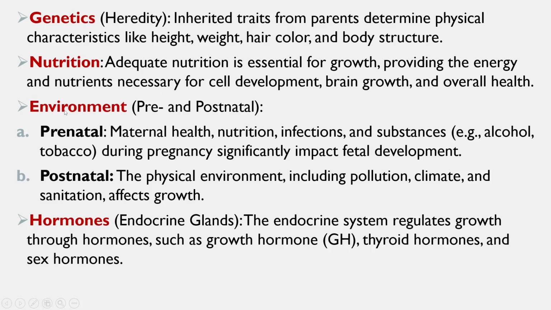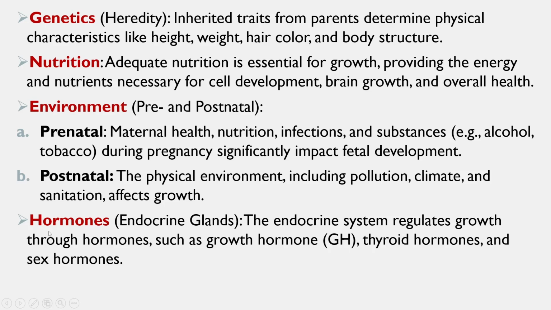And third is environment, that includes prenatal environment and postnatal. Prenatal is maternal health, nutrition, infections, alcohol and tobacco use during pregnancy that can affect fetal development. And postnatal environment includes clean surroundings, sanitation, pollution, and climate also influence growth.